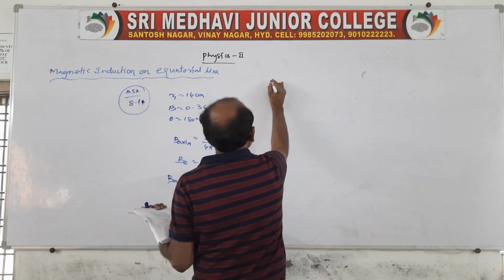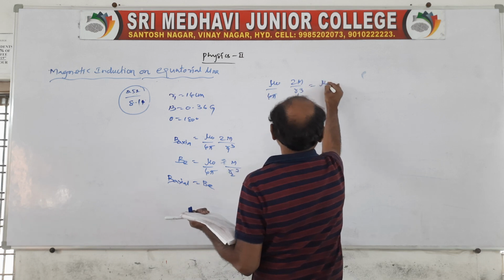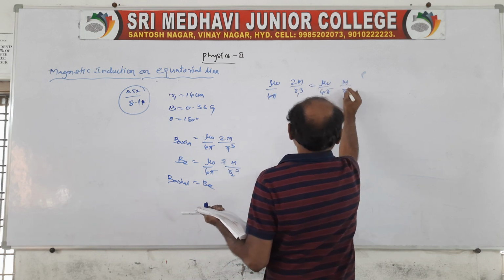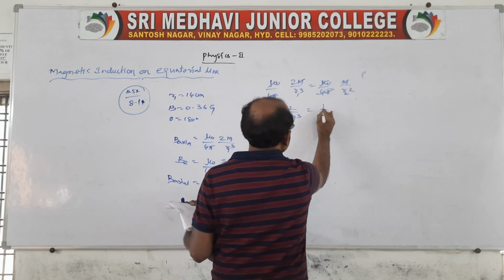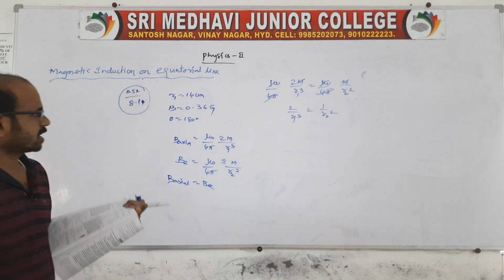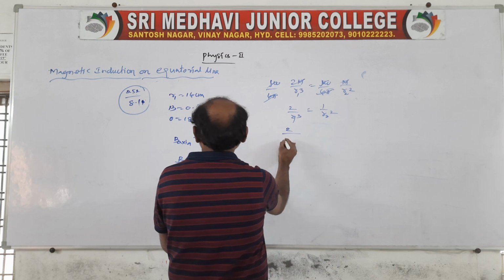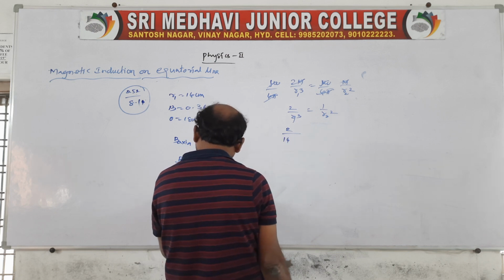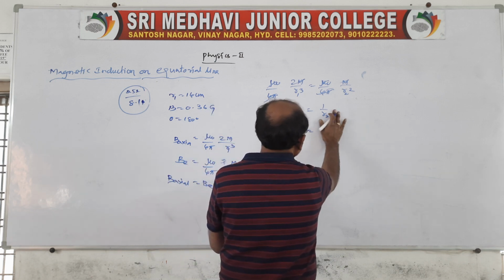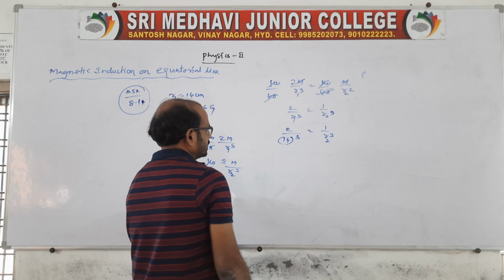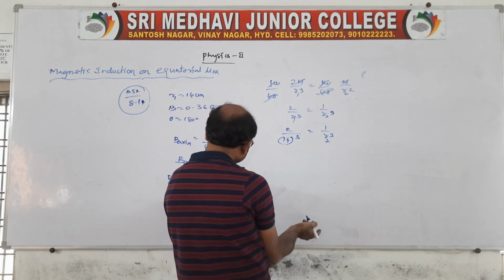So similar terms, better cancel: mu naught by 4 pi into 2m by r1 cube is equal to mu naught by 4 pi into m by r2 cube. This is cancelled. 2 by r1 cube is equal to 1 by r2 cube. Write there 2 by 14 centimeters cube, and it is r2 cube. Clear?